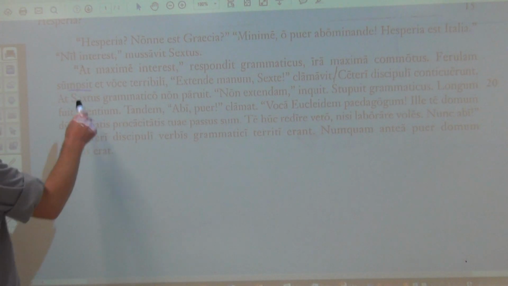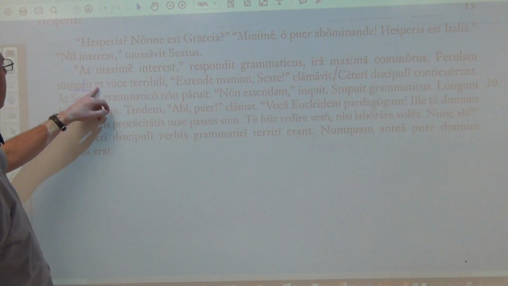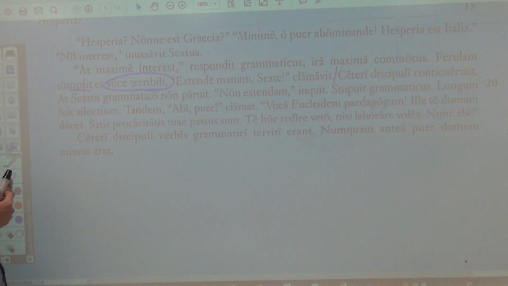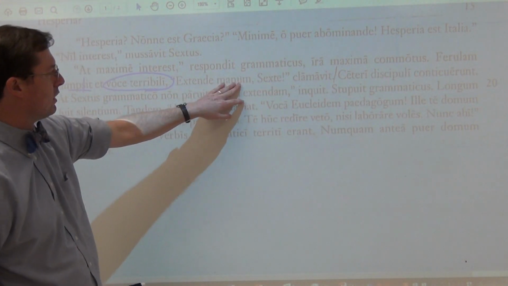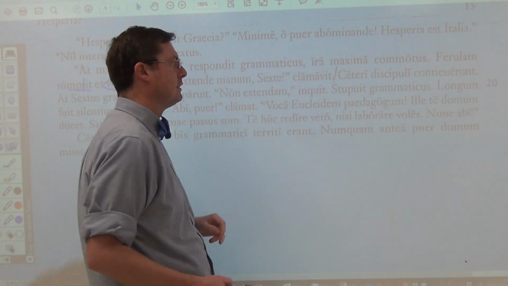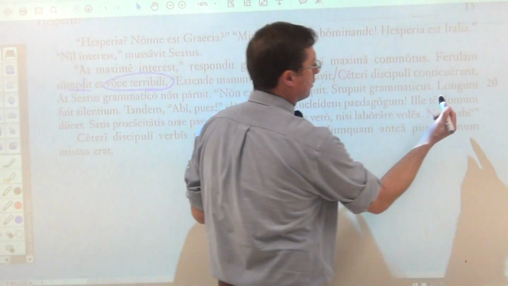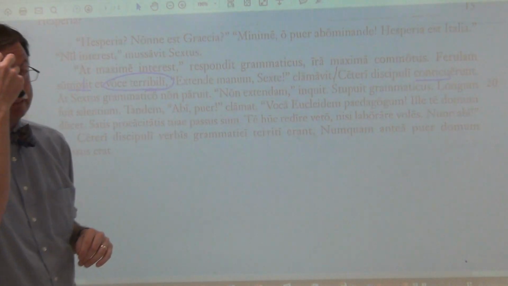He took up, did take up, has taken up, perfect stem plus perfect ending, his cane, and with a terrible voice, ablative of manner, he shouted, extende manum, extend your hand, Sexte, vocative case. Ceteri discipuli conticuerunt. That same verb that described what the members of the dinner party did at Dido's dinner party.